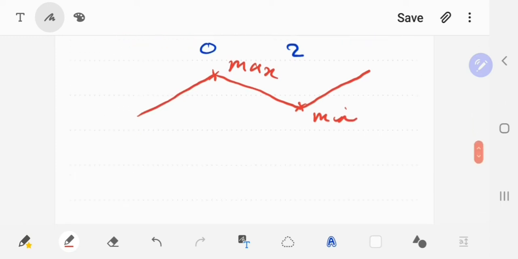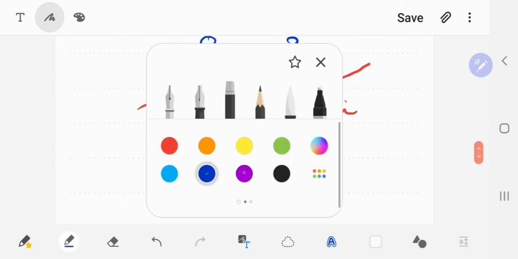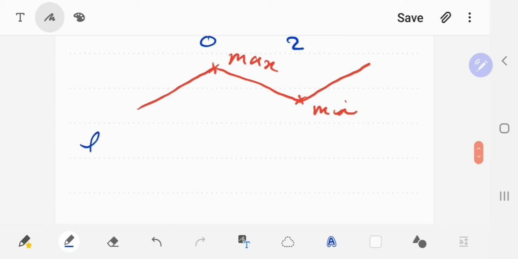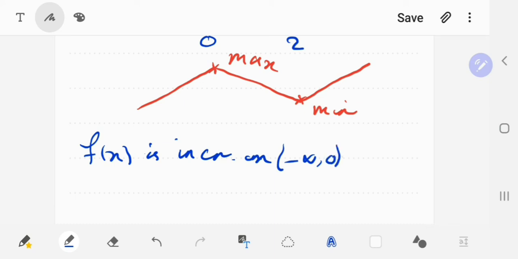Now, what does all this mean? This means that f of x, remember that we are talking about the original function f of x, is increasing on which interval? Negative infinity till 0, union 2 till infinity.